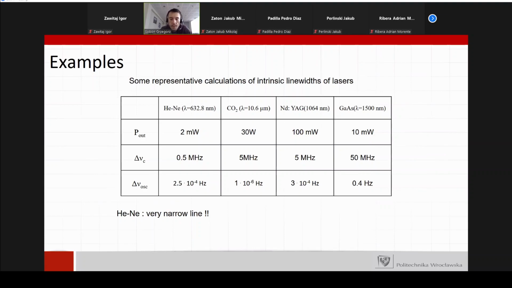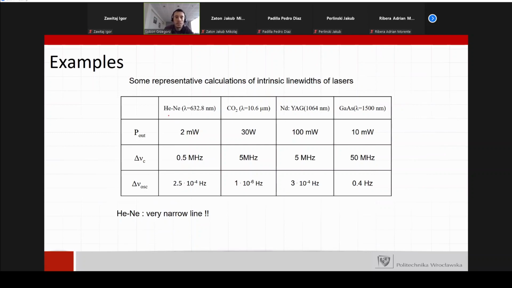It is worth saying that the Schawlow-Townes equation just describes the narrowest possible line, which is the theoretical physical limit. And practically in real life, it's impossible to get even close to this limit because we have many other factors that are disturbing the line width. Okay, but the absolute maximum limit is the Schawlow-Townes equation.